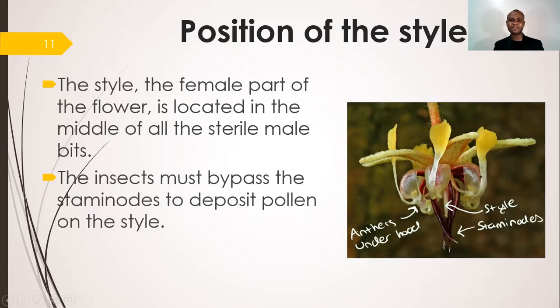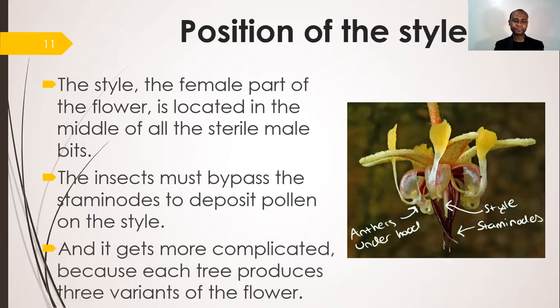So the insect must bypass the staminodes in order to deposit the pollen on the style. Every pollinator that needs to fertilize this flower must be able to penetrate the staminodes in order to fertilize the style, or the female part of the flower.